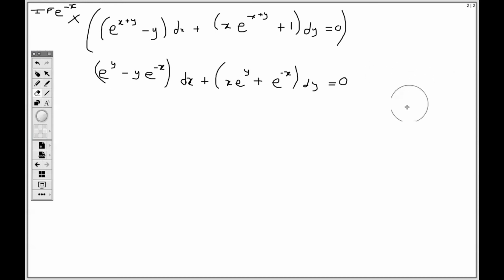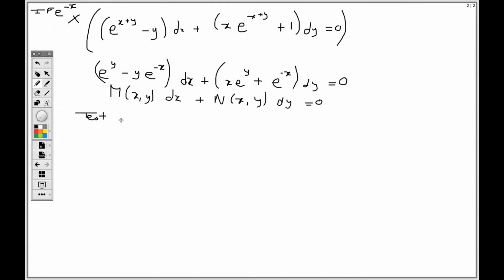Now, continuing further, check if this is exact. So I need to find out, when I differentiate with respect to y and x, I will be getting an exact differential equation. Now, this is a general format for the differential equation. So the first function is M(x,y) and the second function is N(x,y).